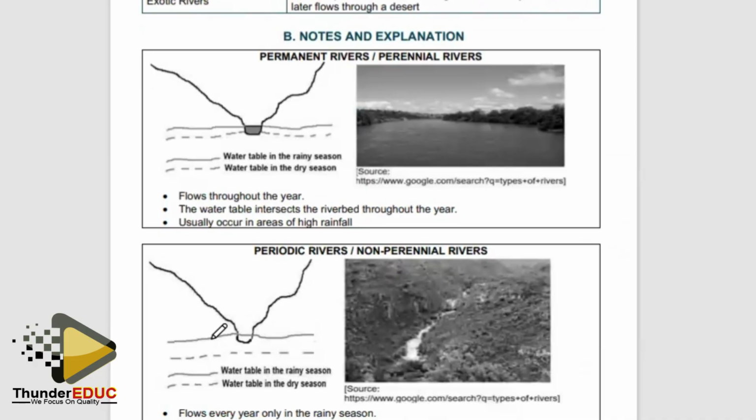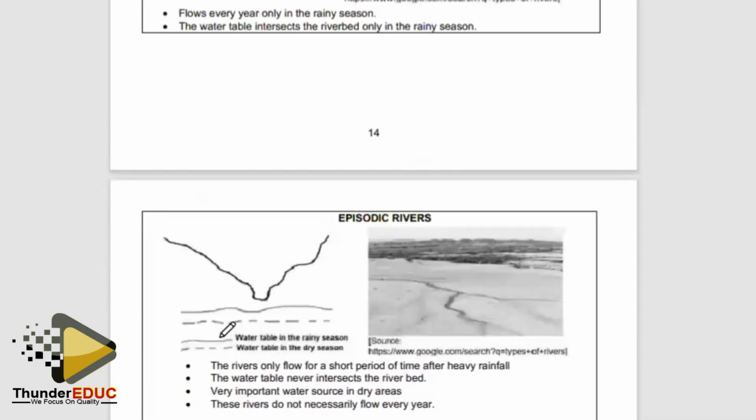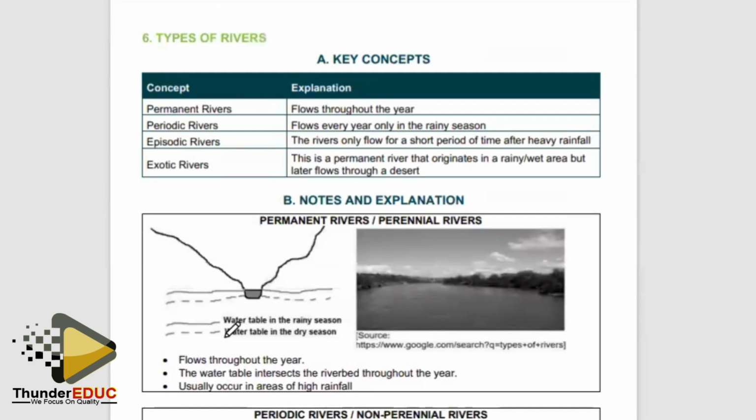We are now looking at the types of rivers. We're not going to waste much time on them, though it's equally important for you to understand them. The first type is a permanent river. When something is permanent, it means it's there to stay, something that happens throughout. So we have rivers that flow throughout the year.